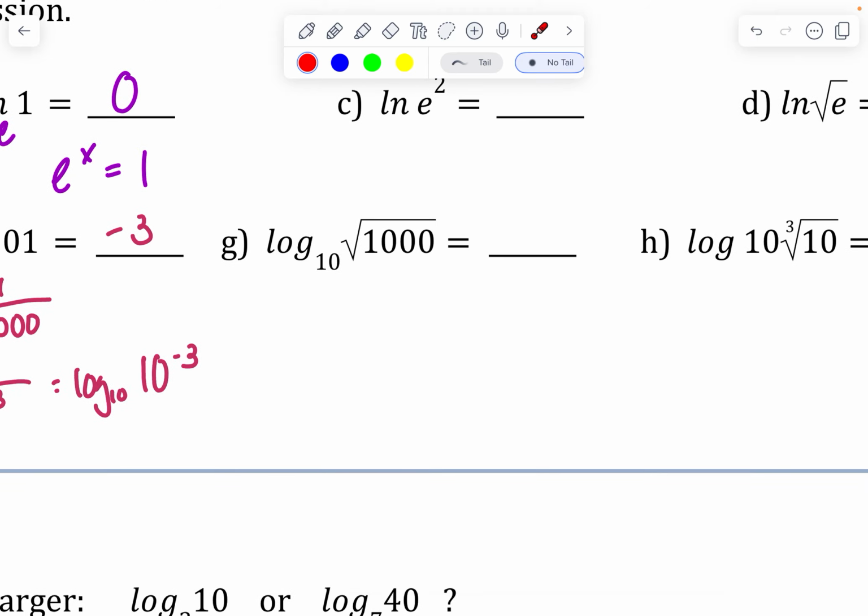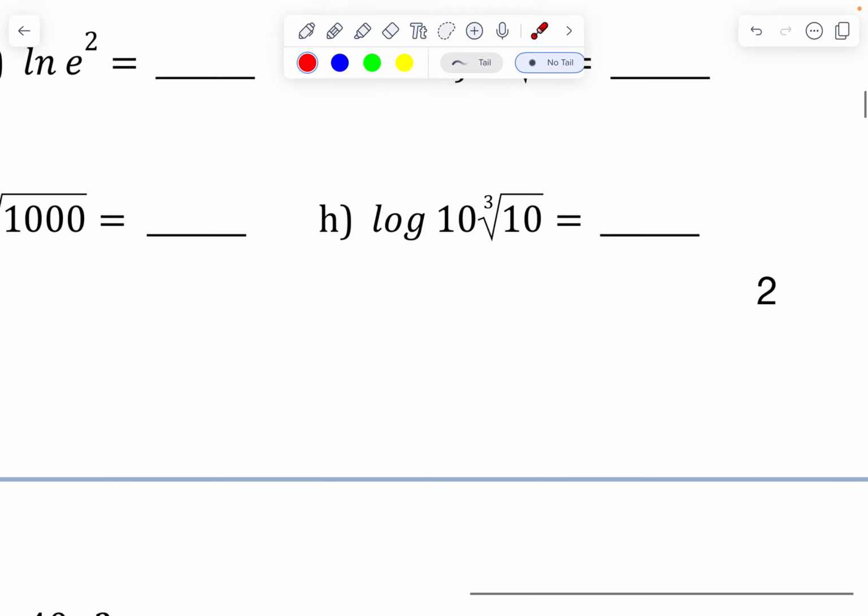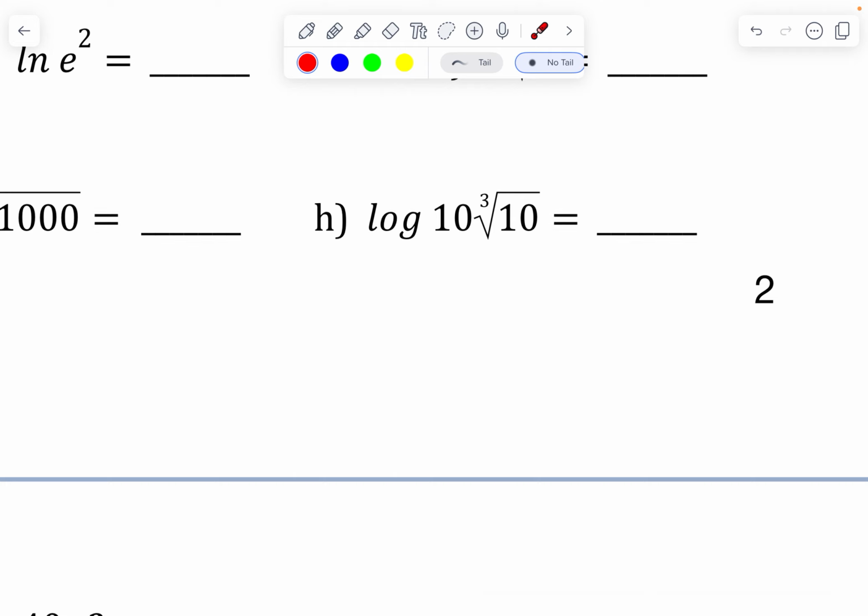Very similar with part G. Go ahead and try that one. The one that I do want to talk about is part H. So I have log of 10 times the cube root of 10. That's a lot. Again, this is the common log. So log base 10 of 10 times the cube root of 10. Same thing, 10 to what power is equal to 10 times the cube root of 10? I'm going to rewrite this side.